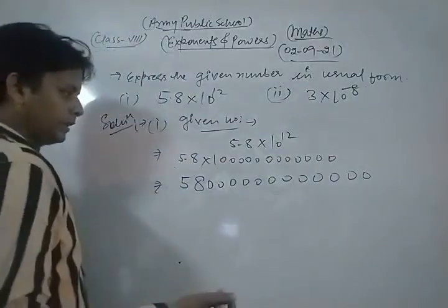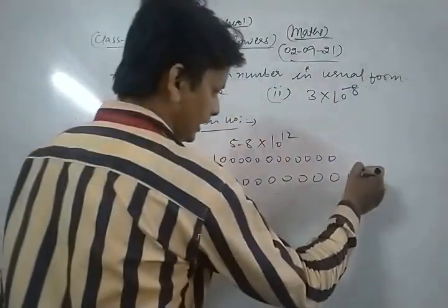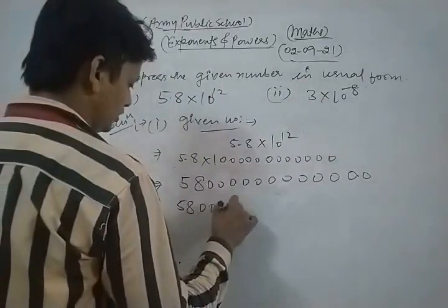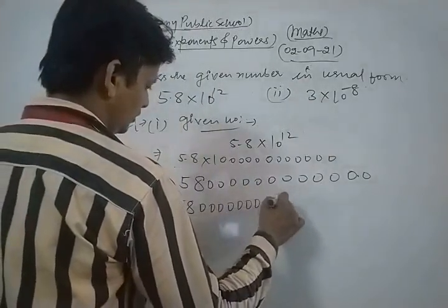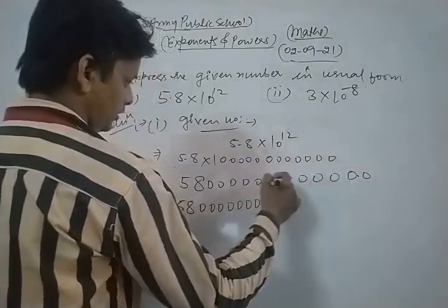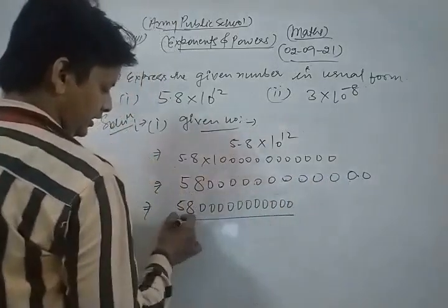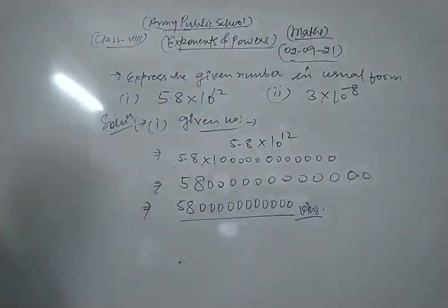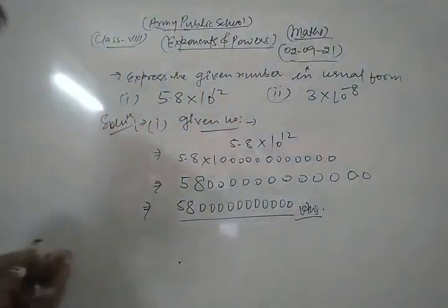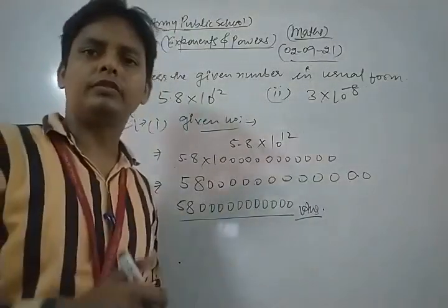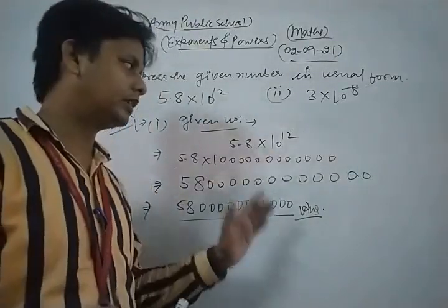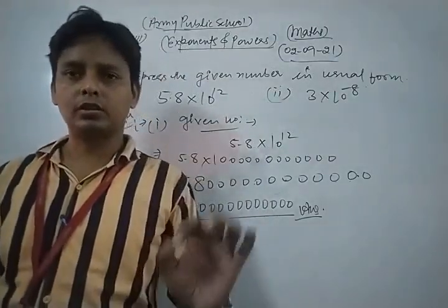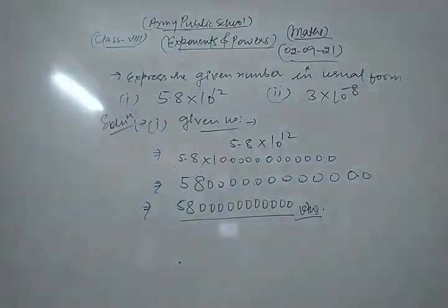Now the decimal takes one position left. So we get the number in usual form. In usual form we just expand the power of 10 and multiply, and we get the required solution, meaning the number in usual form.